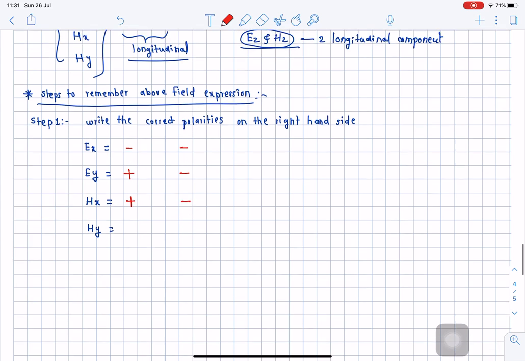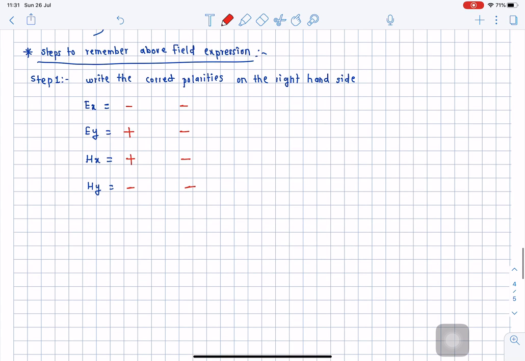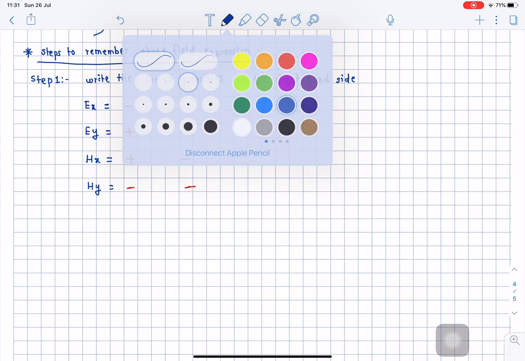And for the last component Hy, it repeats as with Ex, so it is minus minus. So the first step is to know the polarity of these two terms on the right hand side of these field equations, Ex, Ey, Hx and Hy: minus minus, plus minus, plus minus, minus minus. You need to write this first. Okay, so we go ahead and see what the second step is.